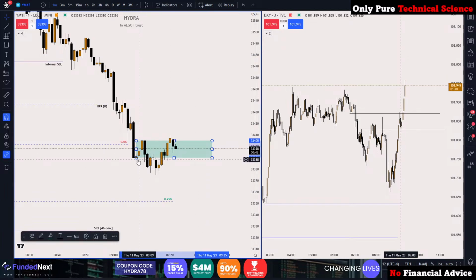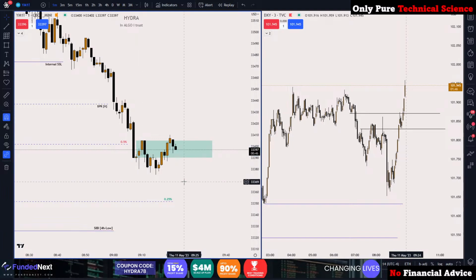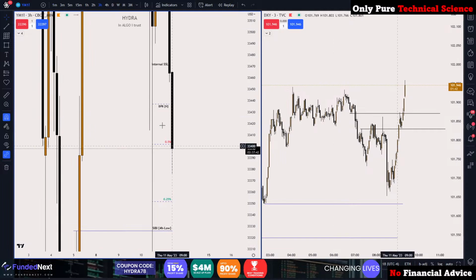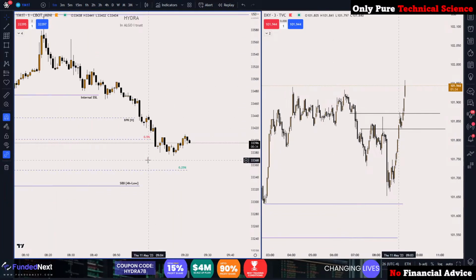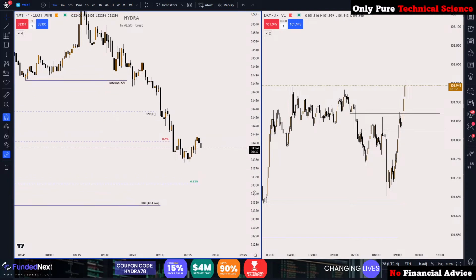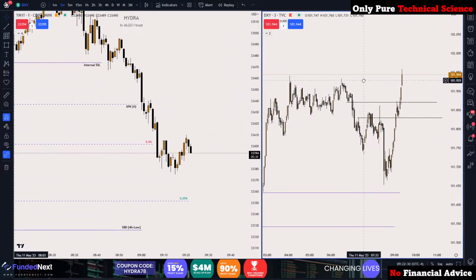Why? Because I want to see more confirmation. I do see price came down into the consequent encroachment of this 3-hour wick, and from here I'm expecting to see a reversal, but I need more confirmation.